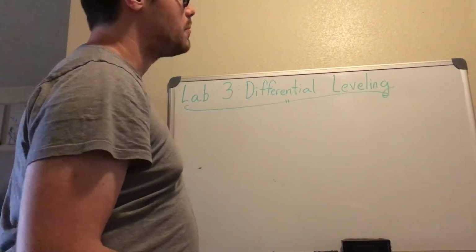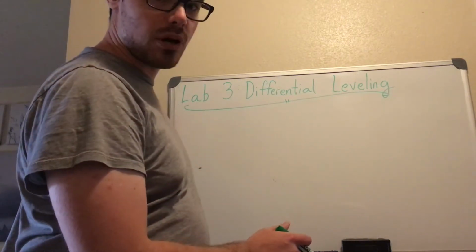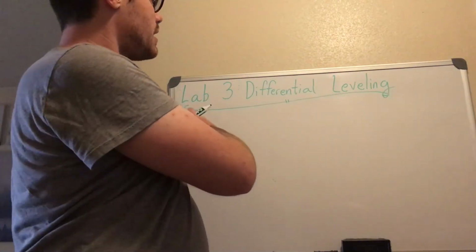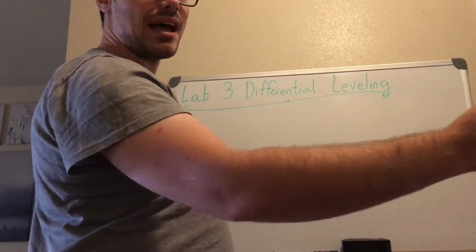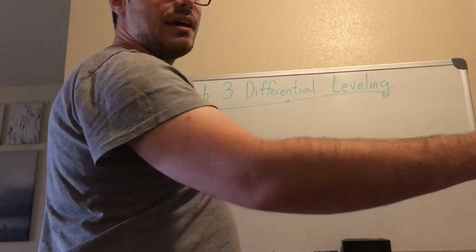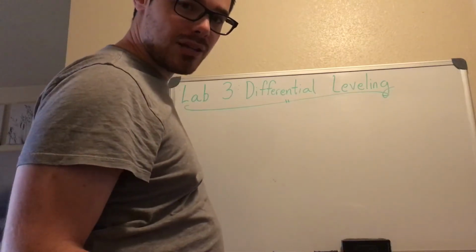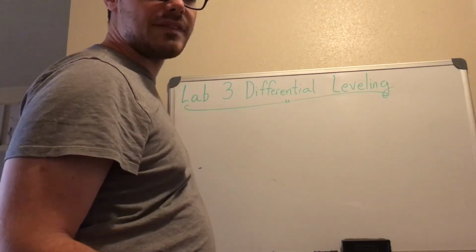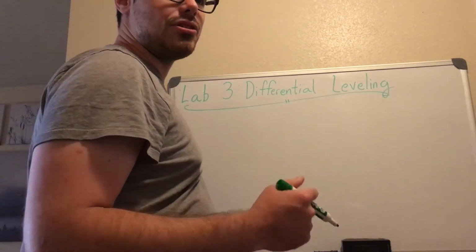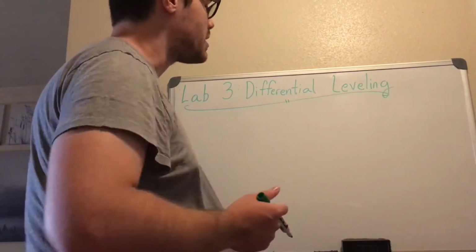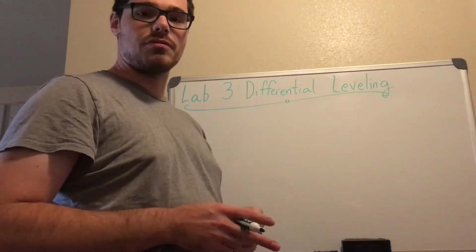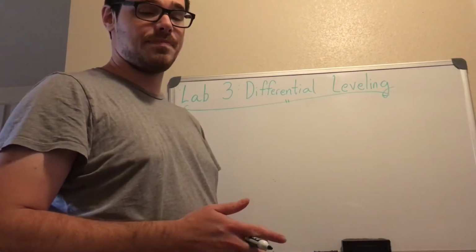And we do that by using pre-established benchmarks and then creating differential leveling circuits to get to a new point, establish an elevation, and then we close the circuit by coming back to our original benchmark to verify that we haven't committed any egregious errors or that our equipment is giving us bad data, so we can know that our final elevation for our new benchmark is correct.